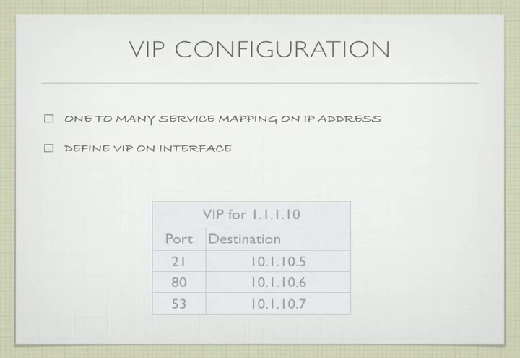So we can have our FTP, our web, and our DNS server, all separate servers, but sharing the same IP address. And then after you've created the VIP, you have to create the policy that allows the traffic. And you'll see that when you create VIPs, you have a new object available in the address picking of policies that'll say VIP on it.